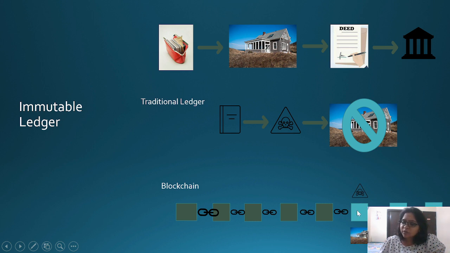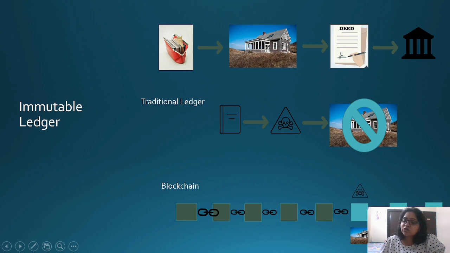So what will happen once this person tries to tamper with this particular block? Because of the cryptographic hash algorithms, this block will affect the other blocks also, because there is a chain. They will not be able to match the cryptographic hash between the blocks. So if somebody is tampering with this block, that person needs to go and change everything after this block, right? Which is not at all possible.